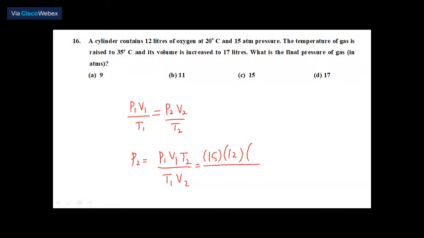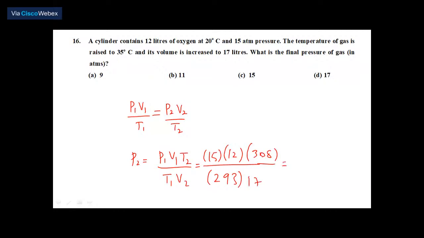The new temperature is how much? 35 degrees Celsius. You convert that into Kelvin. 35 plus 273 is how much? 308, divided by T1. Initial temperature is 20, 273 plus 20 is 293, and the new volume is 17 liters.